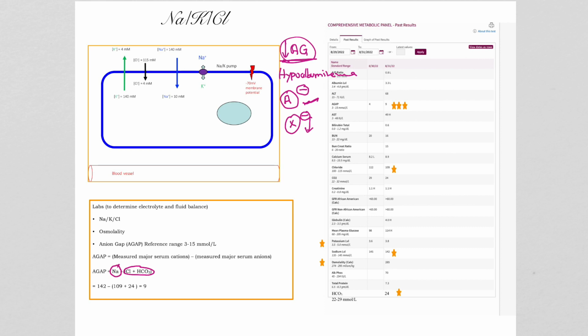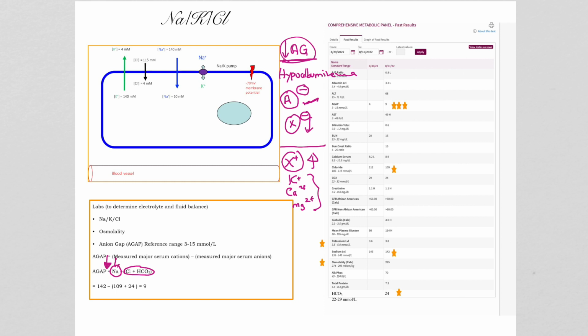What if there were some cations that increased? So let's say potassium increased, or your calcium increased, or your magnesium increased. Any of these cations that increases is going to make your sodium go down.